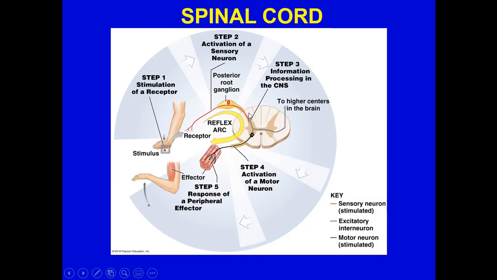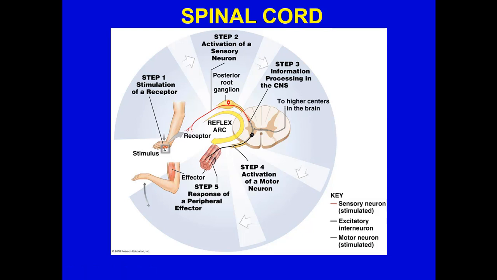It goes over into the posterior horn. So now you have information processing at the CNS. In this case, you see that white neuron there? Well, that one is an interneuron and passes information to the higher centers of the brain, but it also passes over information to the motor neuron.